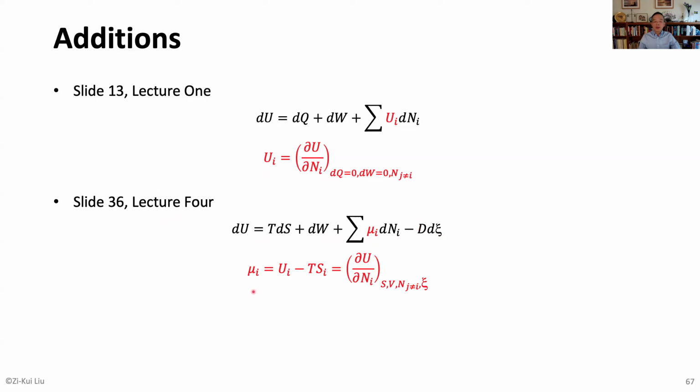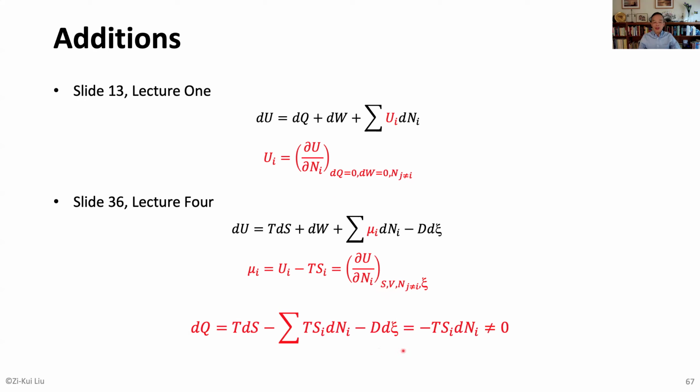And I define mu i as ui minus T si, which equals the U to ni derivative, the same derivative, however, under different constraints. So it's no work, the mass at equilibrium, and instead of dQ equal to 0, it is constant entropy S. However, we know that S and Ni are related.